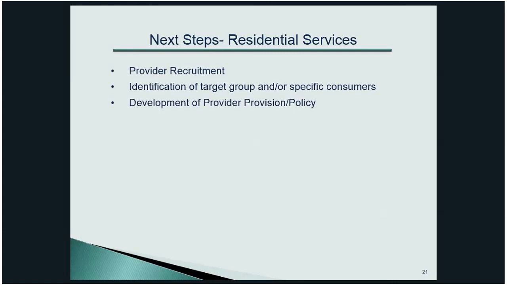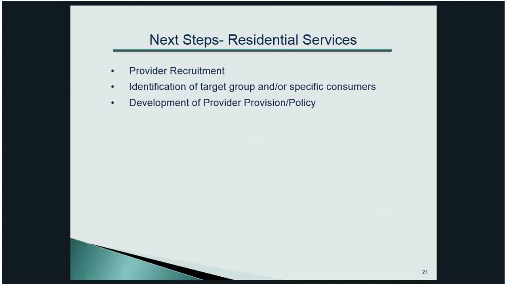We also are working on identifying a target group or specific consumers for our initial group of people to try to get going with this service. We want to be really successful with our first few cases, and so we're looking for new referrals that are already set up this way, especially for structured family caregiving.